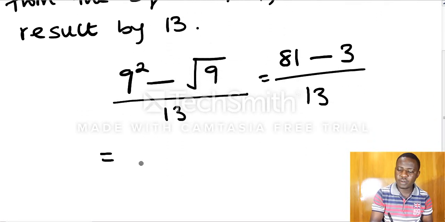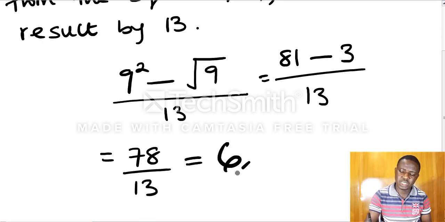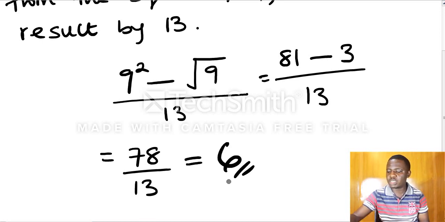And 81 minus 3 is 78, and 78 divided by 13 is 6 as your answer.